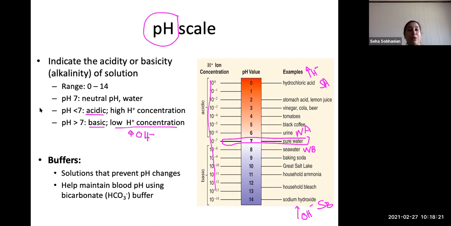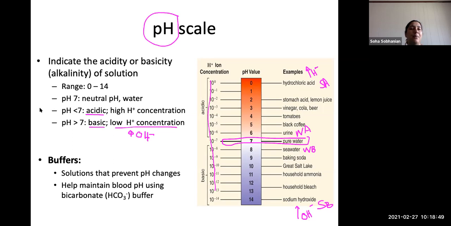The number for our human blood pH is 7.35 all the way to 7.45. That's the normal range for it. So our range for blood pH is 7.35 to 7.45.